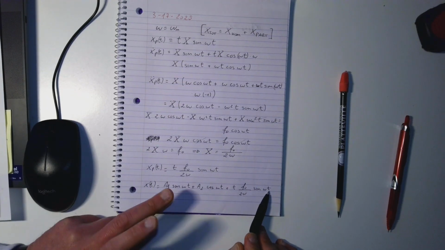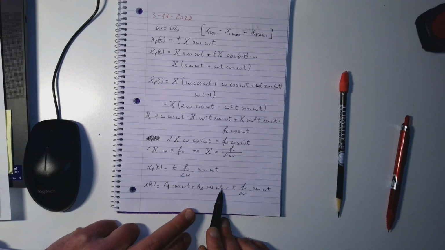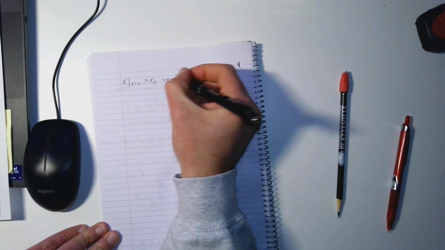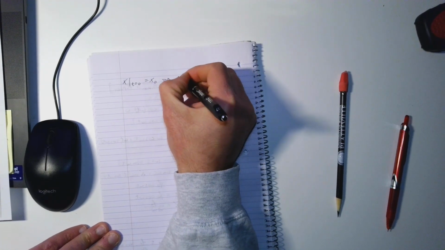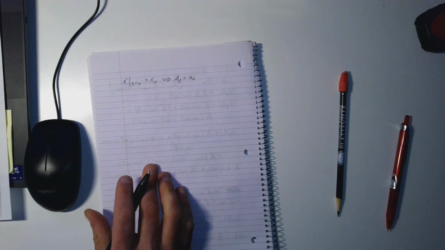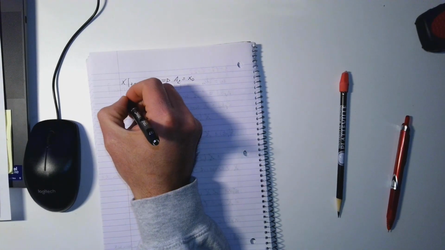Sine of 0 is 0, so these two terms go away. Cosine of 0 is equal to 1, so we are left with a2 only. So from this condition we obtain that a2 is equal to x0.